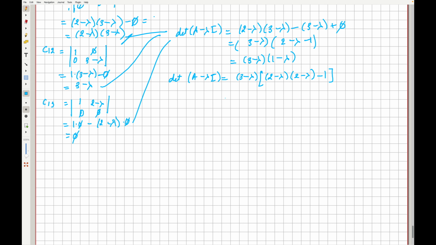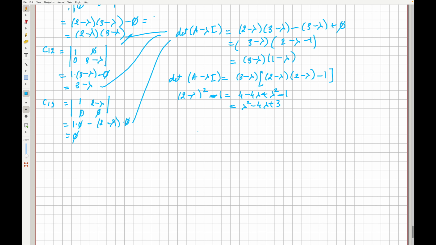And if we expand the 2 minus lambda squared, we get 4 minus 4 lambda plus lambda squared minus 1, that is equal to lambda squared minus 4 lambda plus 3.